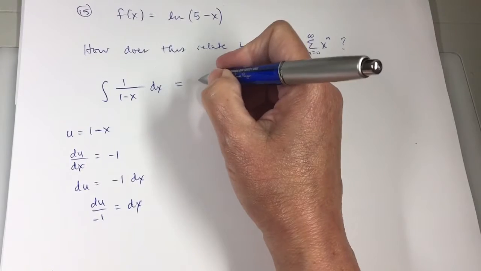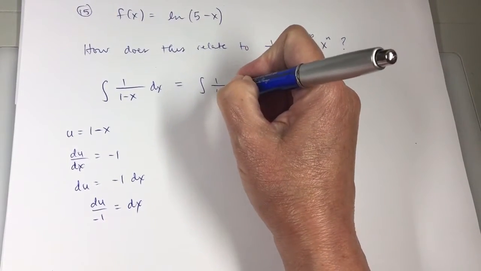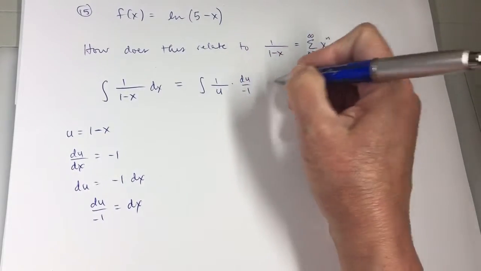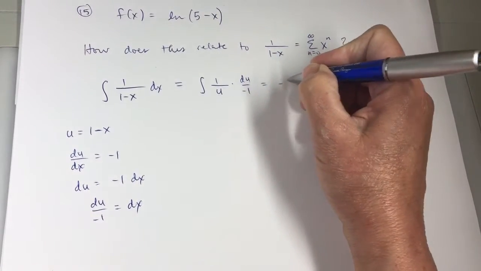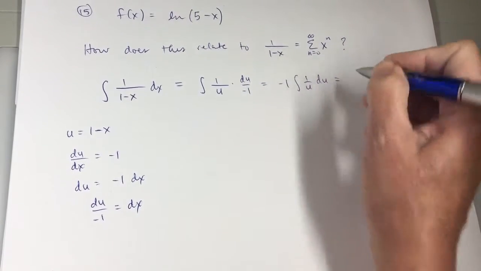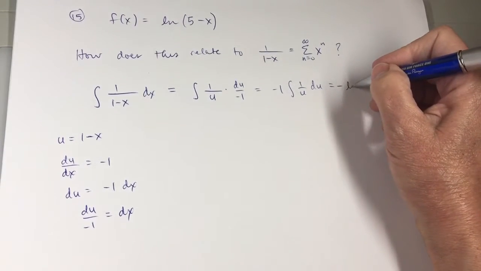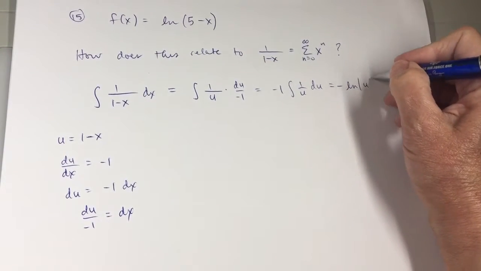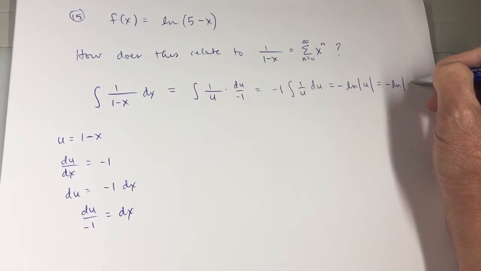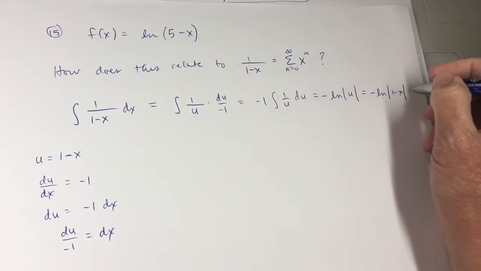So this would be the integral of 1 over u times du over negative 1. I could factor the negative 1 out. The integral of 1 over u du, and that is negative ln absolute u, and u was 1 minus x, and then plus c.